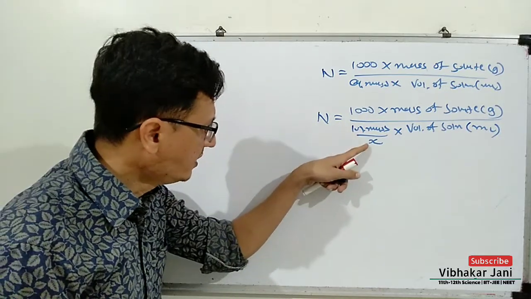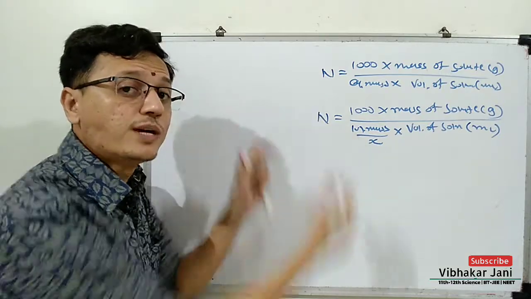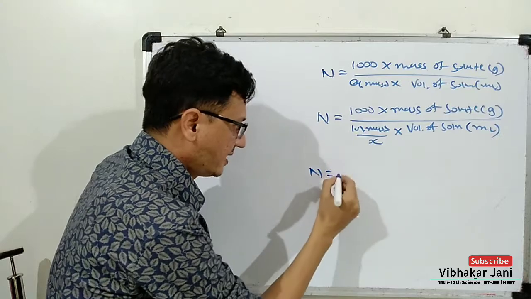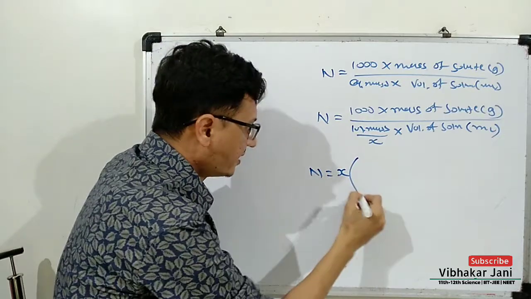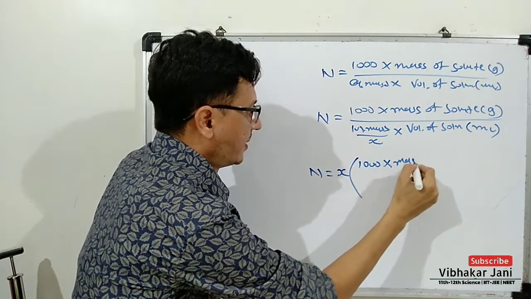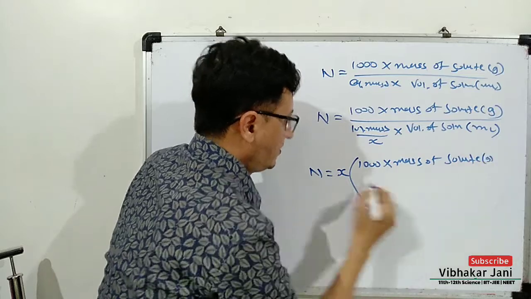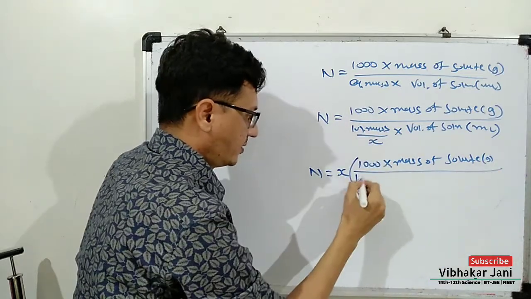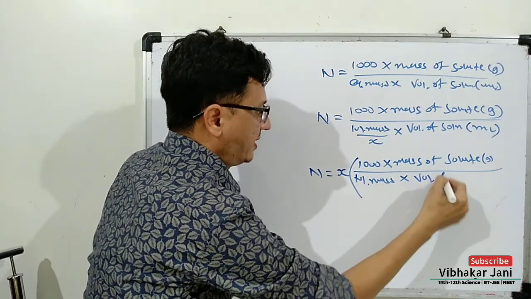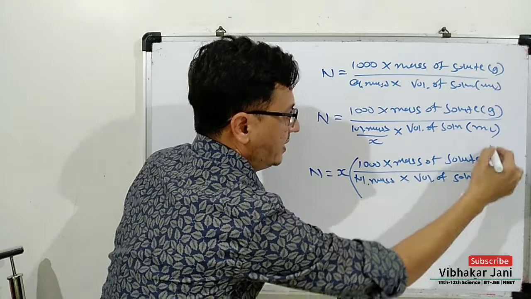Now this is the denominator of the denominator. That means we can write it as numerator. So this formula will look like this. This X can be written over here, and we can write 1000 multiplied by mass of solute in gram divided by molecular mass multiplied by volume of solution in milliliter.